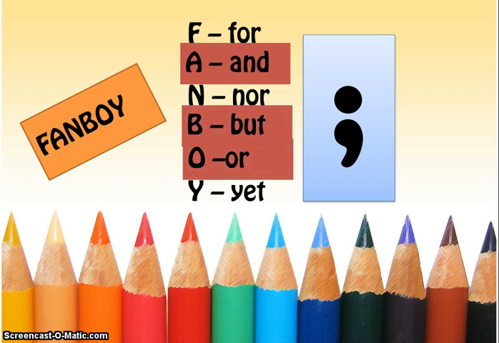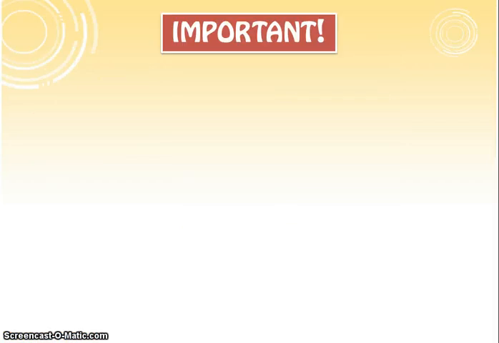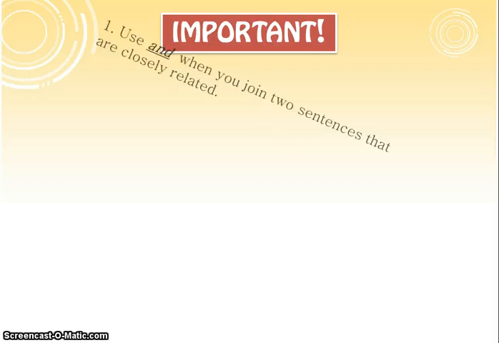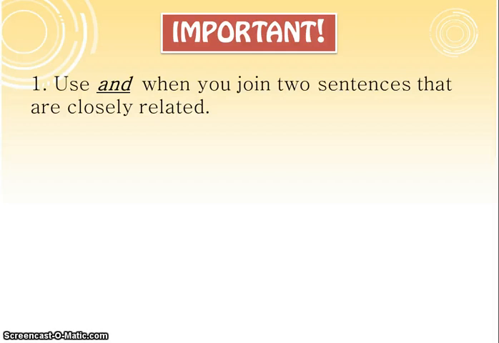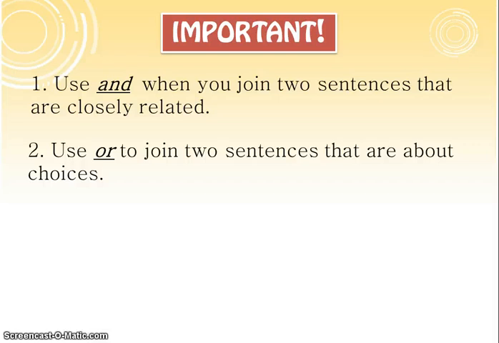We're familiar with using those. That's what we've been using from week 1 in our language, those three, and now we're adding the semicolon. This is important for us to remember, grade 5, when we're dealing with those conjunctions. Use and when you join two sentences that are closely related. Use or to join two sentences that are about choices.